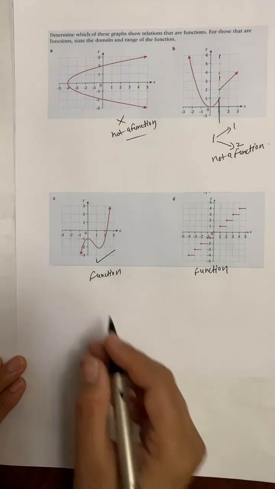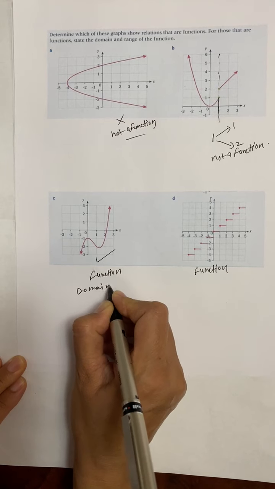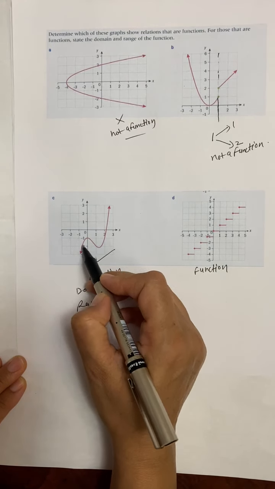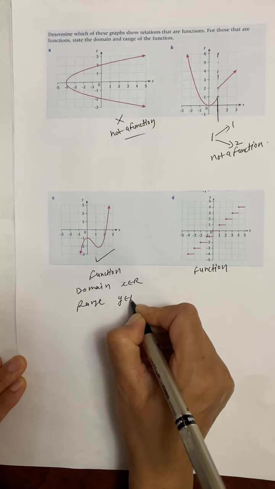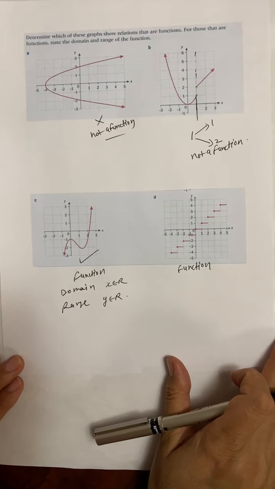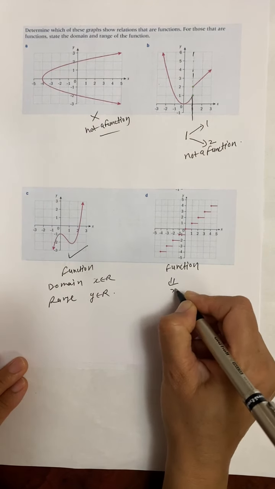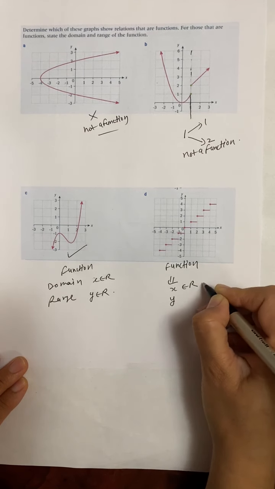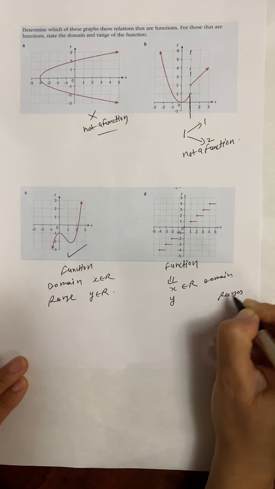So for C, the domain and range: you can see it keeps on going. So x belongs to R and the range is also y belongs to R. In this next case, x belongs to R is the domain, but the range is all the integer values.